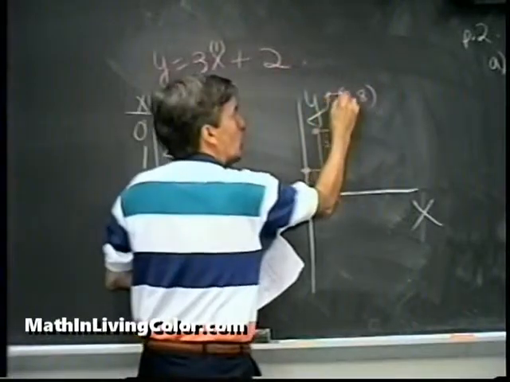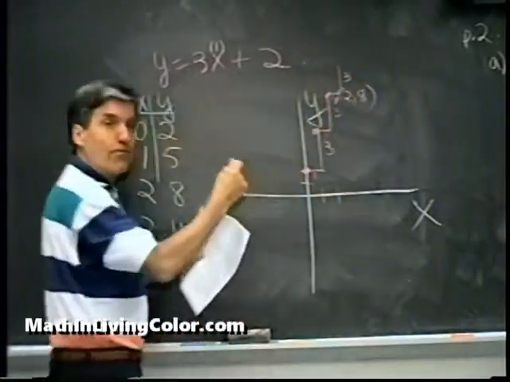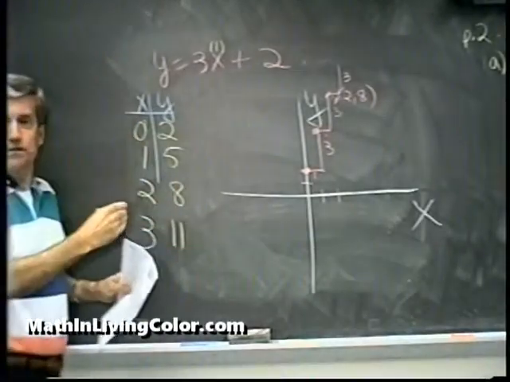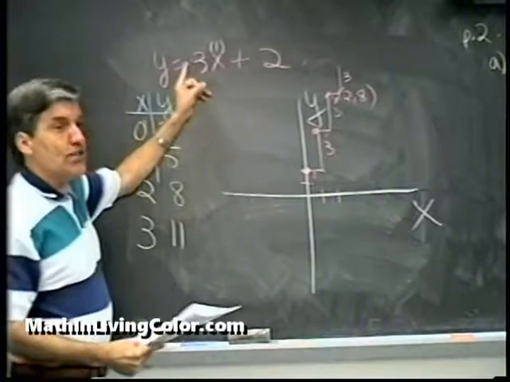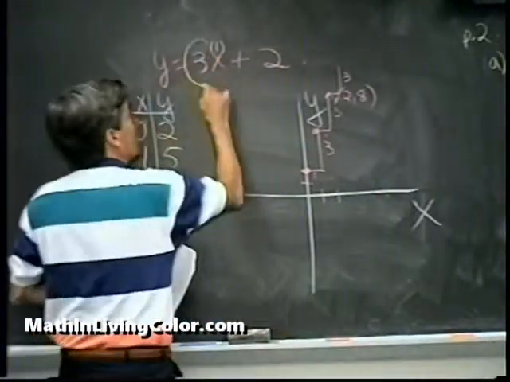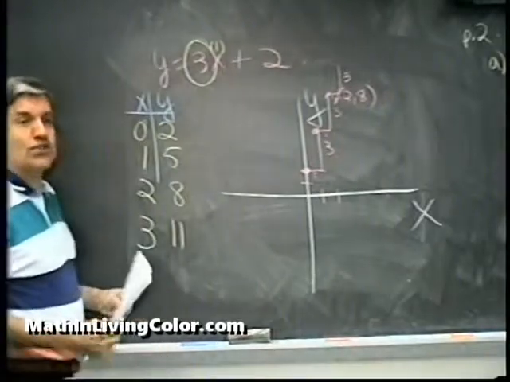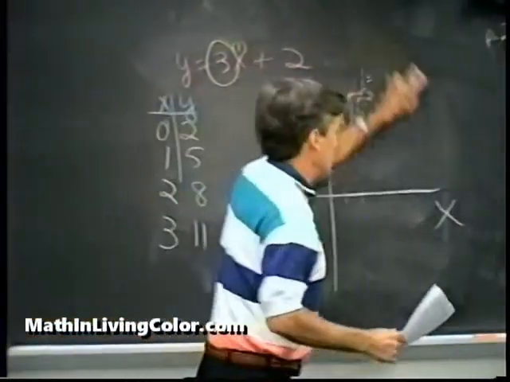I go over 1 and I go up 3. Do you notice that whenever I go over 1, I go up 3? Every time. And that 3 is no coincidence, it's the coefficient of x. So we call that the slope of the line.